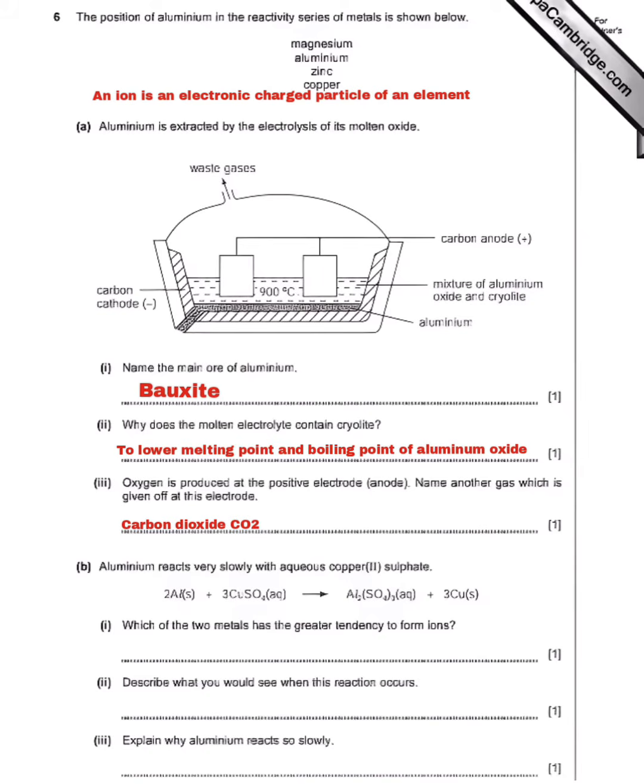Then as for copper, as you can see from the reagents, sulfate has the valence of 2, which means copper is going to have the valence of 2.